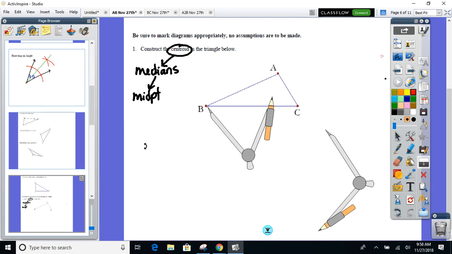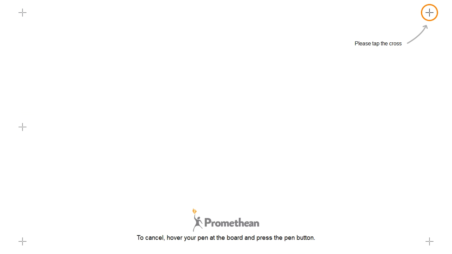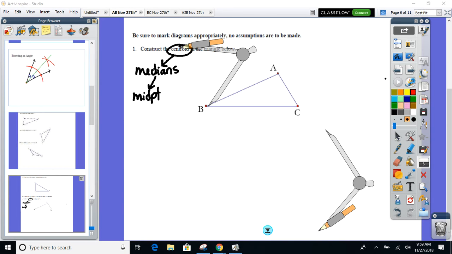So connect that midpoint to A. And that's your first median. Go to another side. Find the midpoint of a second side, please.